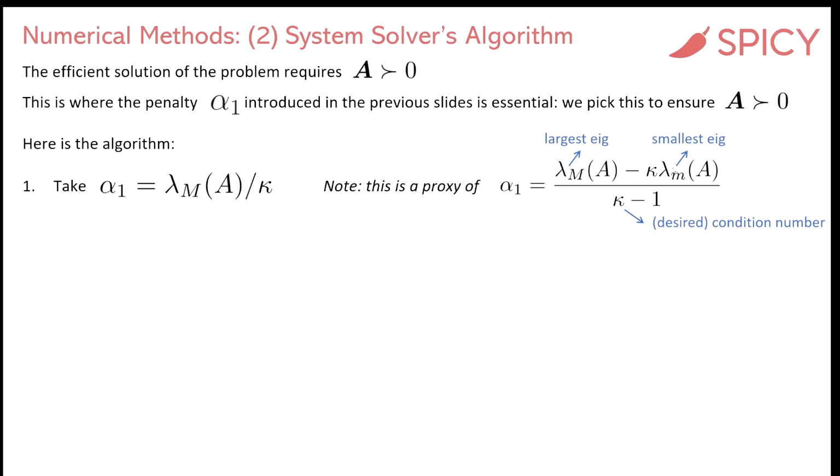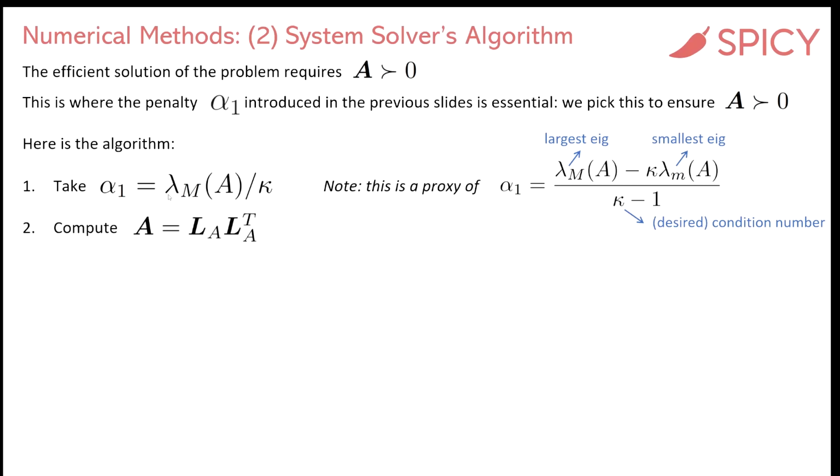But as I said, computing the smallest eigenvalue can be tricky, so we will neglect this. And what we have is this relation where K is an approximation of the condition number, and you can show that this is quite a conservative estimate, so it will give you a slightly larger alpha than what you need, which is still okay.